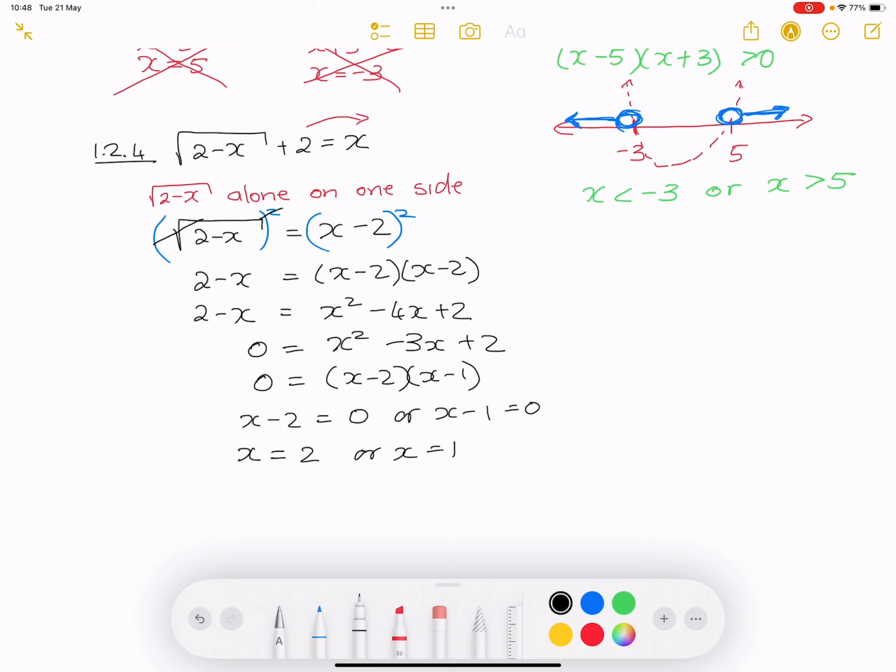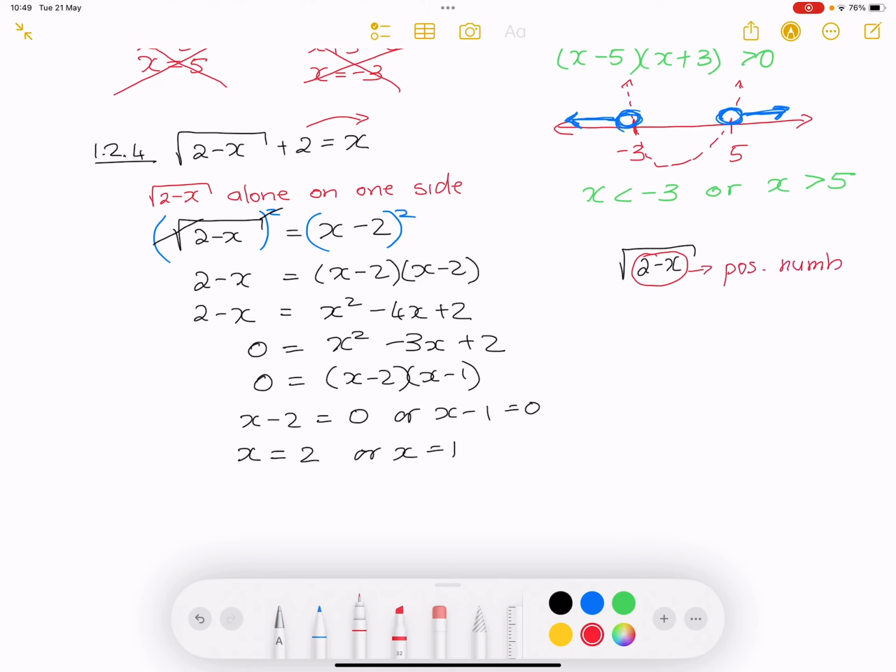Now, if you have that square root of 2 minus x, this number below this must be a positive number.